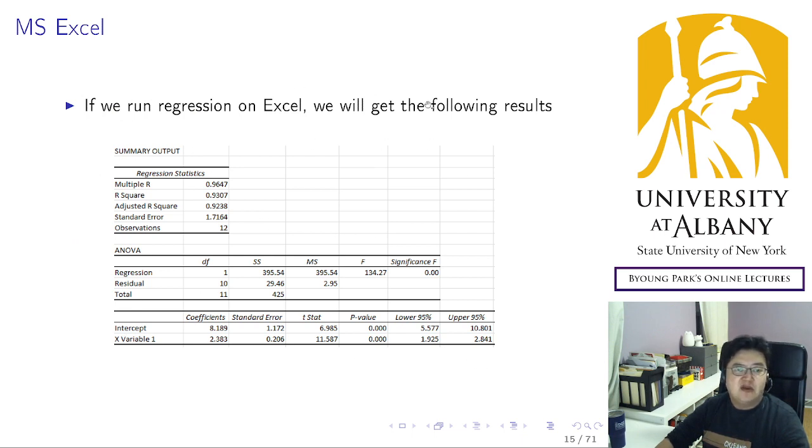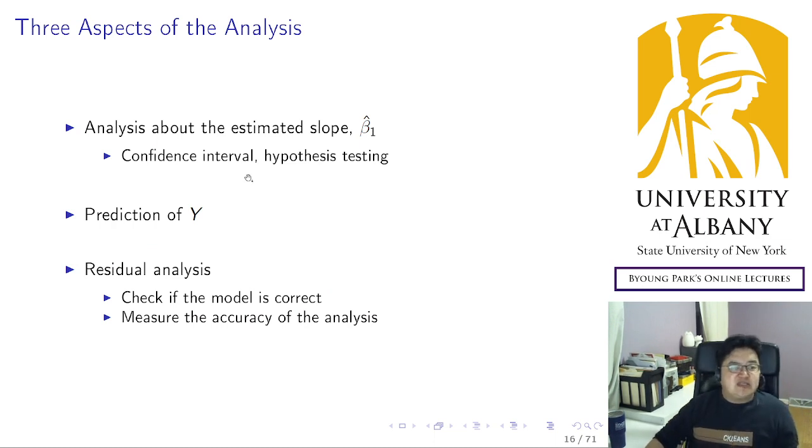Again, this is the same result copied from Excel, and I will explain what's what, and then clear out those tables. Okay, I am going to explain three things. First, we will study the statistical properties of the estimated slope, right? So we will consider confidence interval and hypothesis testing. Second, we will use the results to predict y.